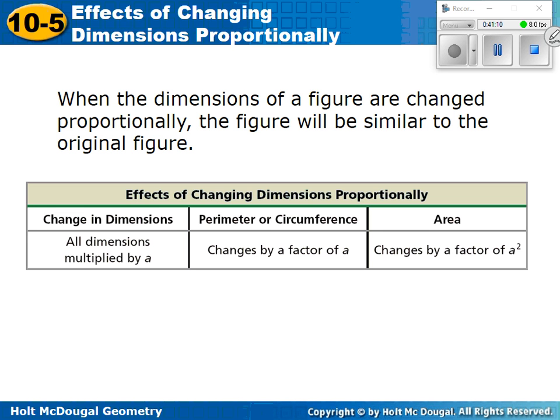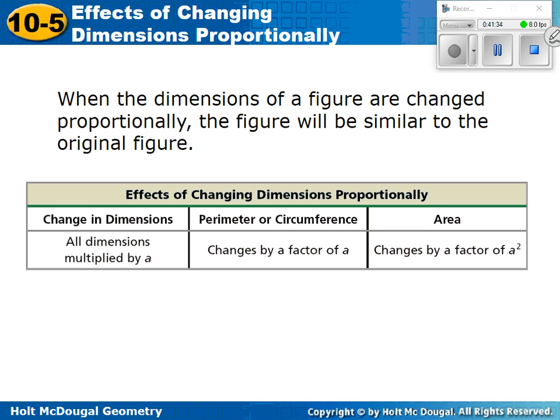So you're asking yourself 2 questions. First of all, am I only changing one dimension, or am I changing all of the dimensions that are in the formula? Sometimes the formula only has one dimension, so you are changing all dimensions, like the circle. Sometimes the formula has 2 dimensions, so you may only change one or you may change both.